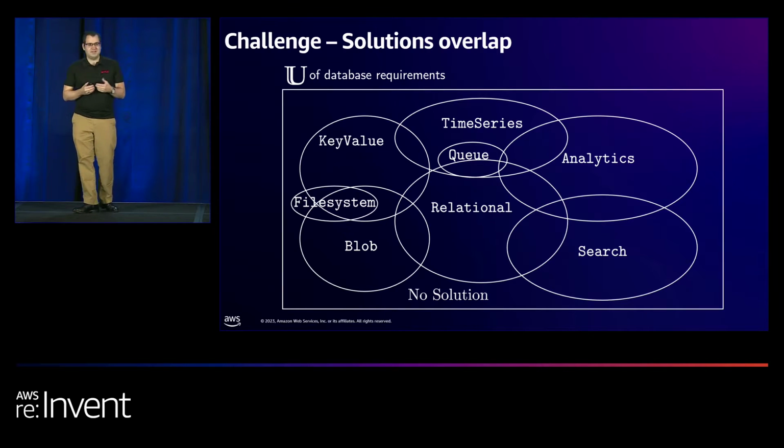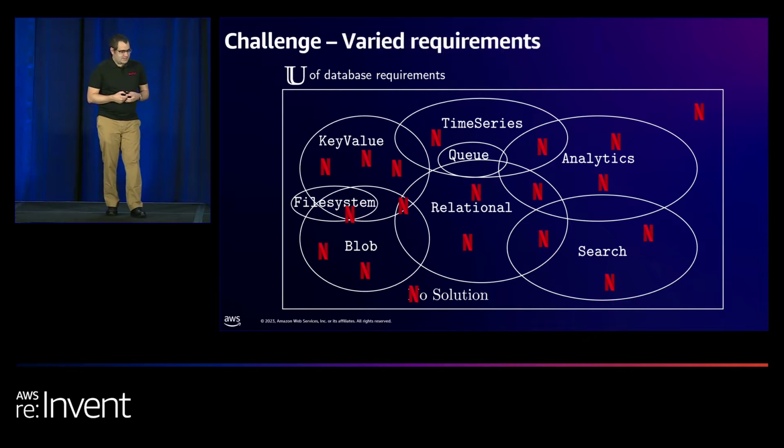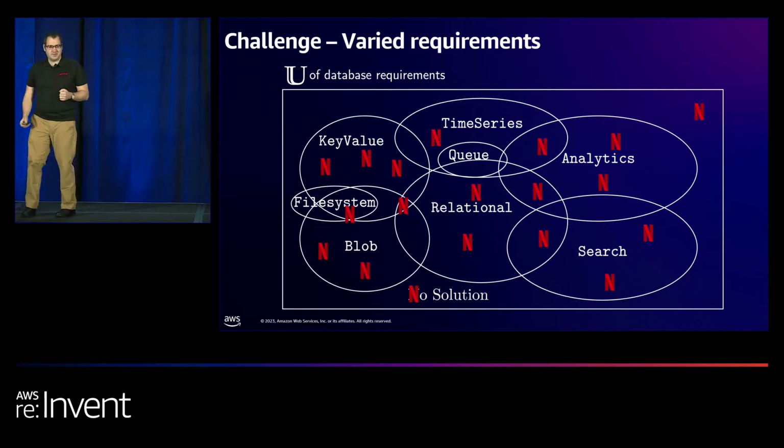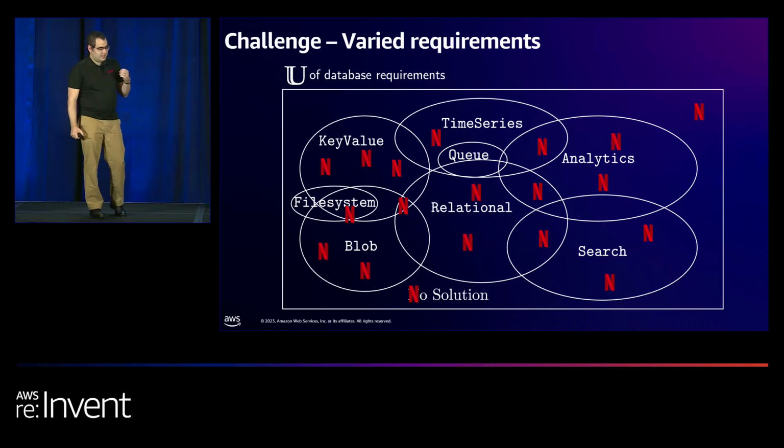Some use cases can be satisfied by multiple options. And at least at Netflix, we have use cases that span all over the place. Some of them can be handled by multiple stores. Some of them have no solution, and we're very sad. And that's where the data platform team that we work on comes in, because sometimes we can build a solution. But sometimes there isn't a good solution, and sometimes there are more than one solution to the same problem.